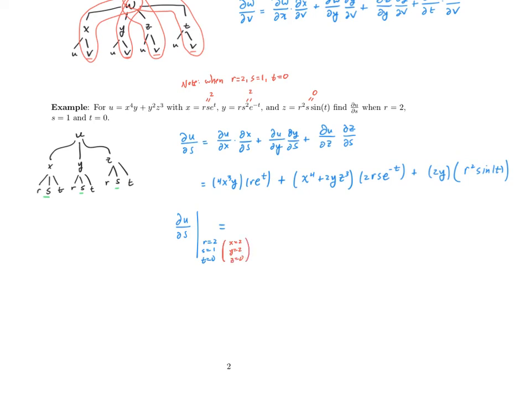So working left to right and substituting these values in: 4 times 2 cubed times 2 times r e to the t, so 2e to the 0, plus 2 to the 4th plus 2 times 0 cubed, we like to see that, multiplied by 2rs e to the minus t, so 2 times 1 e to the 0, plus 2 times y, so 2 times 2, multiplied by r squared sine of t.